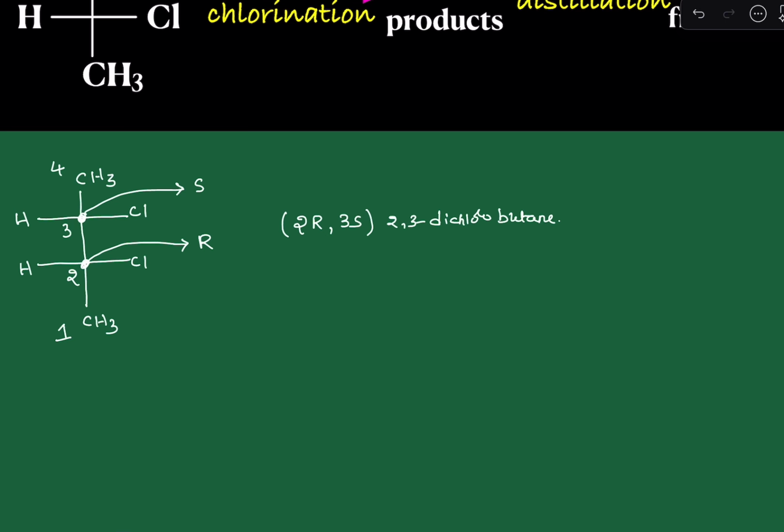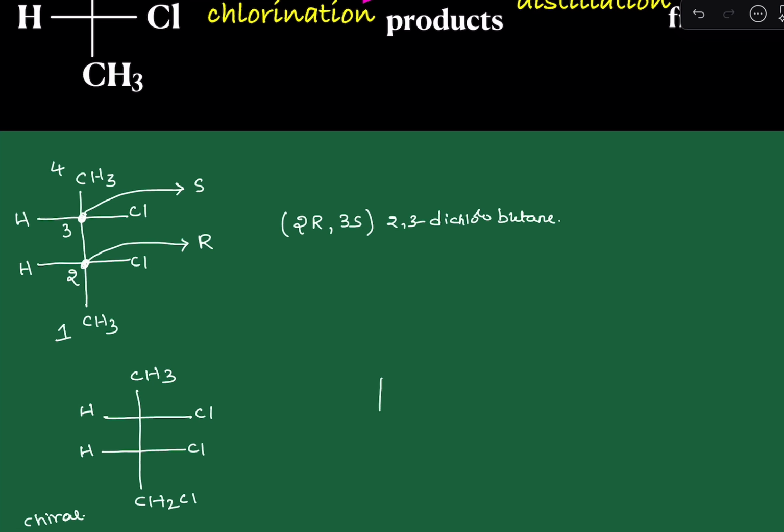Now, I am taking substitution at this carbon. As a result, from this I am taking at the first carbon. I am taking substitution at the first carbon. As a result, it becomes CH2Cl, and this is a CH3, H, H. Now there is no plane of symmetry. This is optically active, so this molecule is chiral.